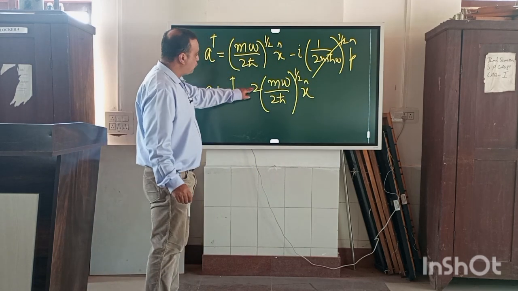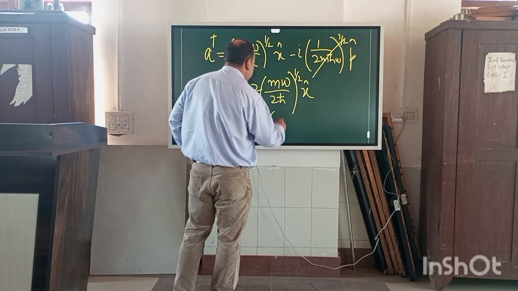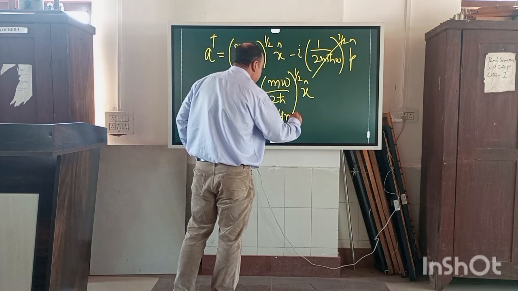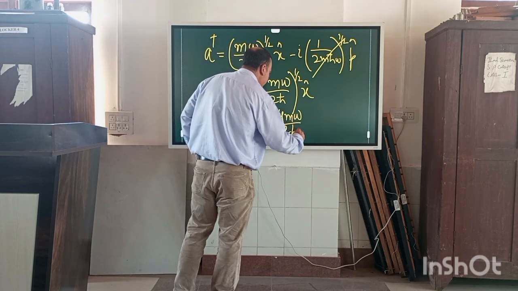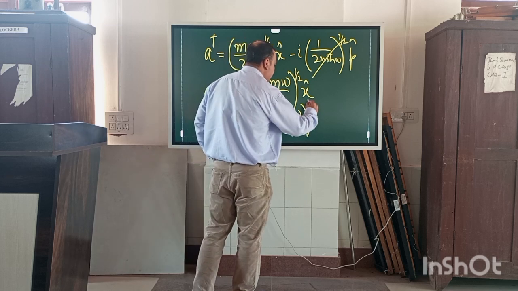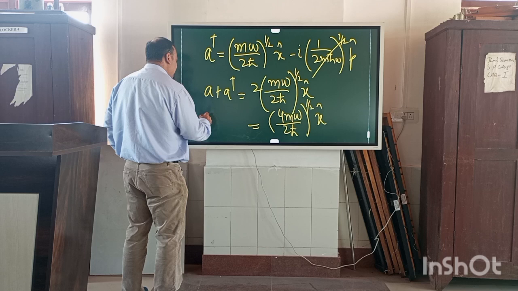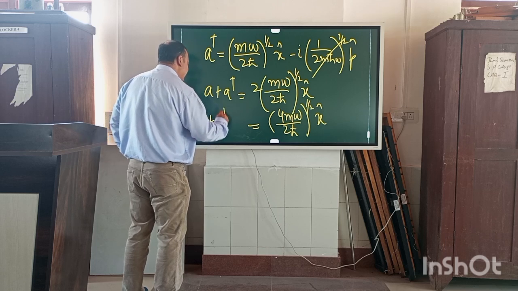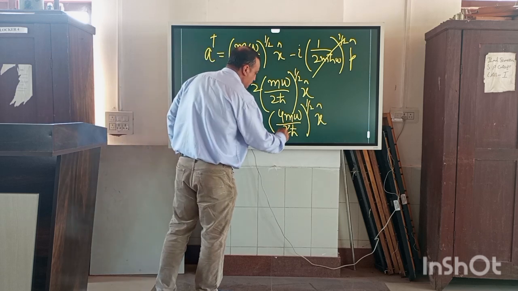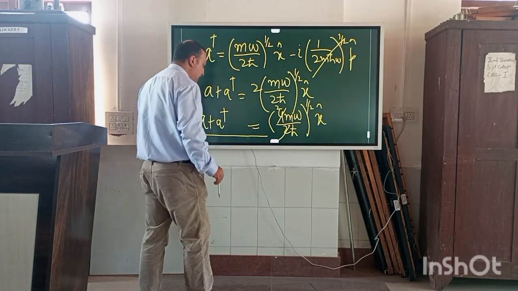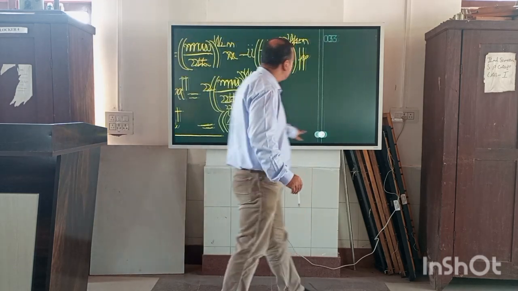And we can take this 2 inside the brackets, so inside it will be (4 m omega by 2 h bar) raised to power 1 by 2 x cap. On the left hand side, what we have is A plus A dagger.